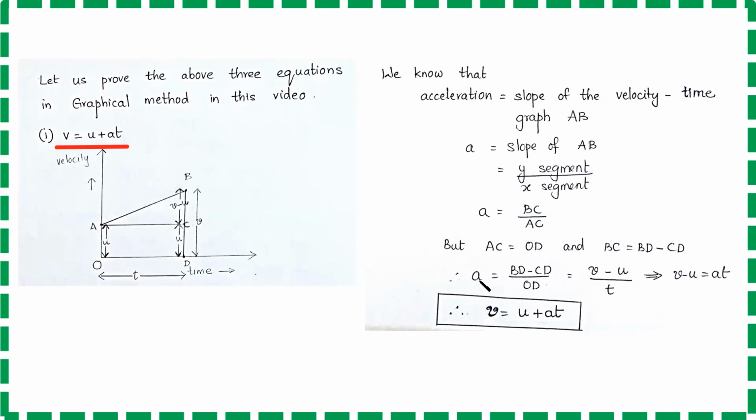Therefore, a is equal to BC by AC, where BC is BD minus CD, which is v minus u, and AC is OD, which is t. So a = (v − u)/t. Therefore, v − u = at, or v = u + at. This is our first kinematic equation. So finally, what we have proved today is the first kinematic equation, v = u + at.